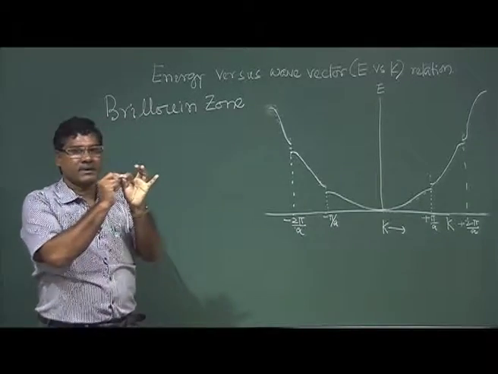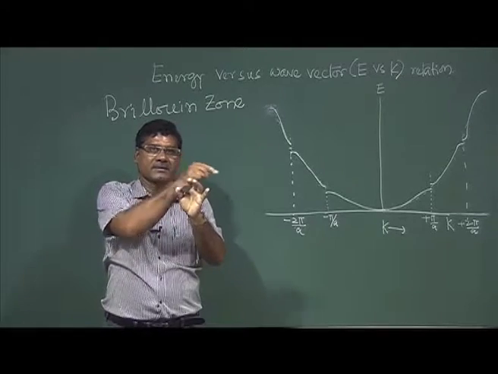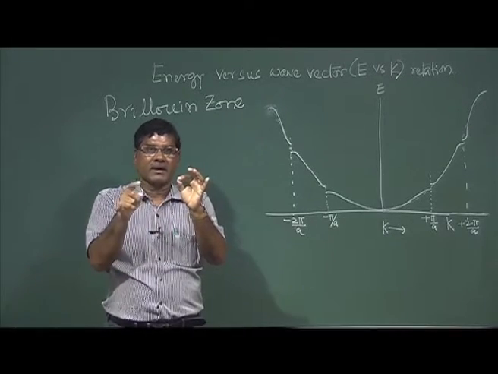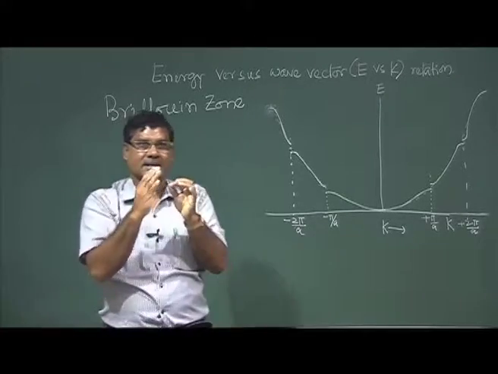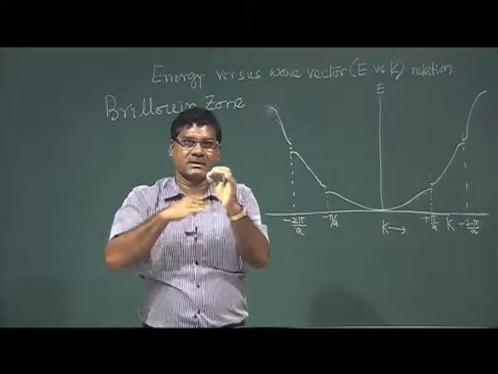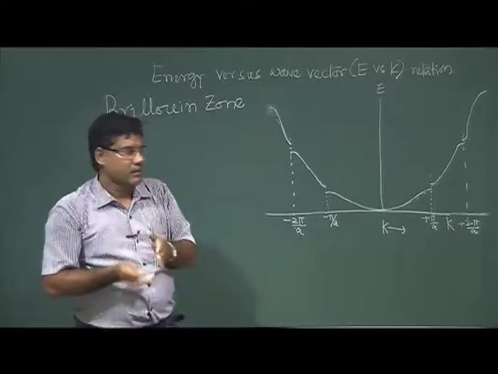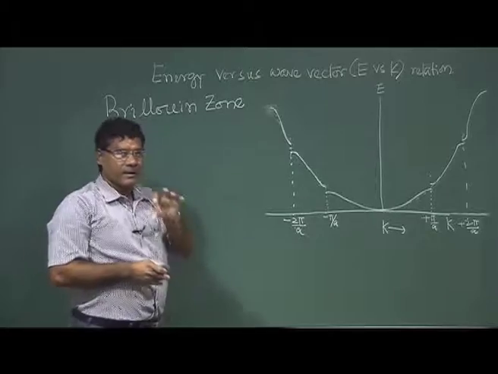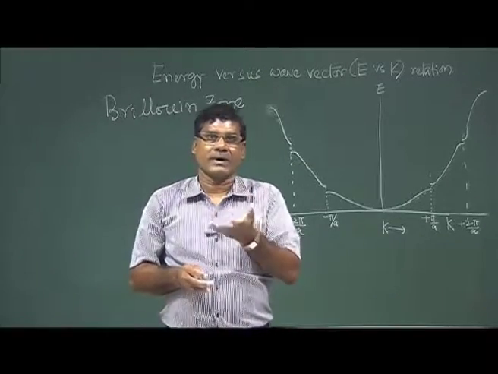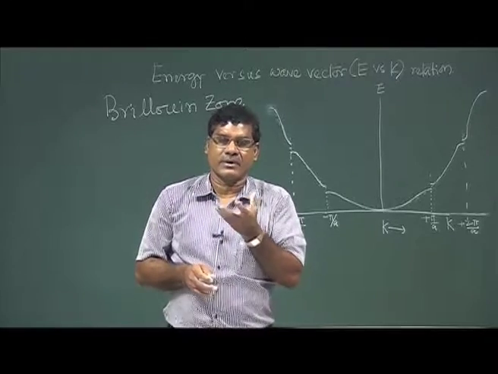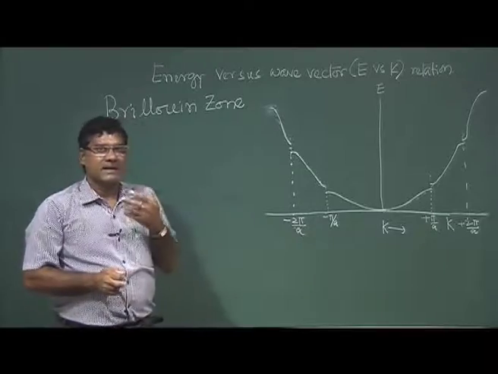Taking a point and then its nearest points, you add them, and then take the perpendicular bisector of those connectors, and it will form a boundary. Enclosed by this boundary, that volume is basically the volume or area. For 2 dimensions it is area, and for 3 dimensions it will be volume. So, that is basically the Wigner-Seitz cell.